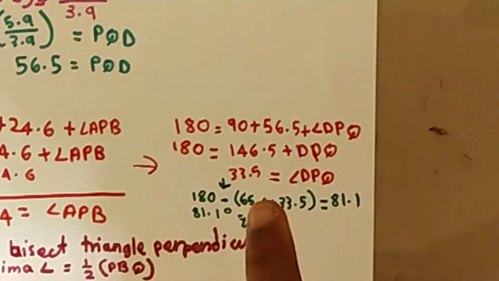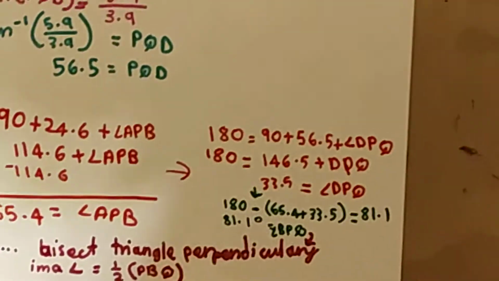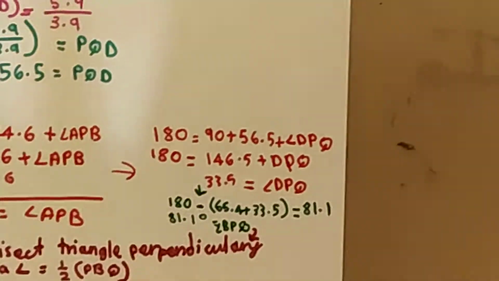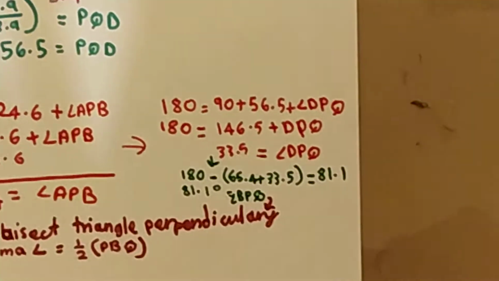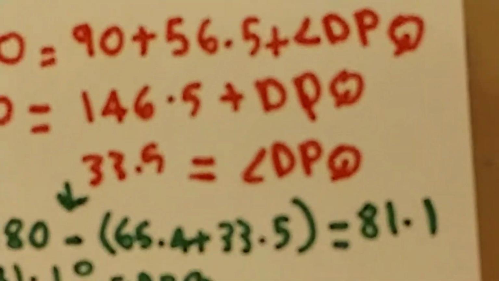I was trying to find angle DPQ because I thought that would help me. I solved it algebraically and got 33.5 as DPQ.